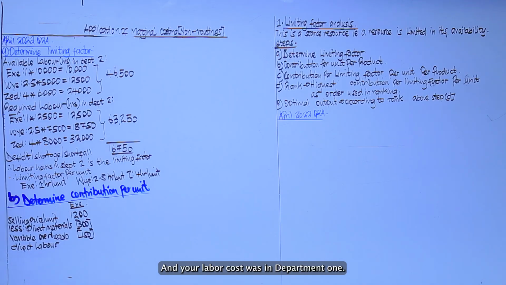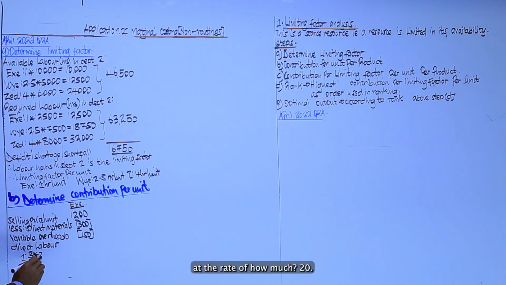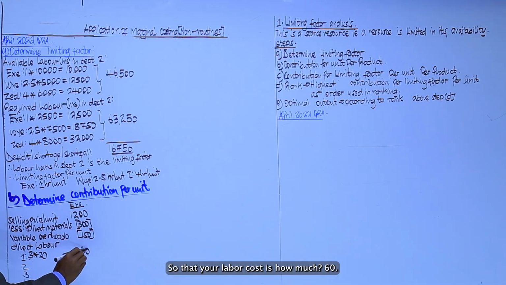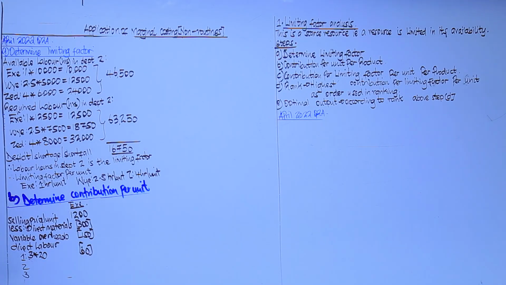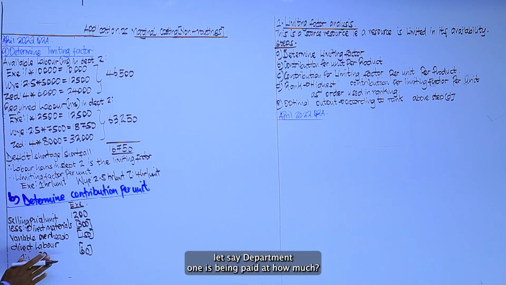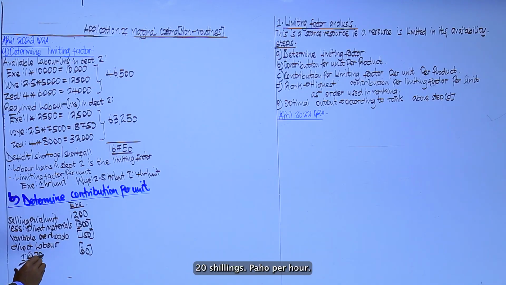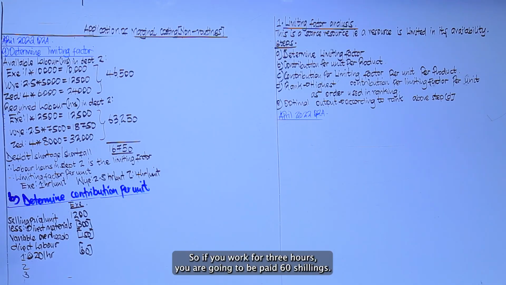Your labor cost was in department 1, department 2, and department 3. Department 1, you are using 3 hours at a rate of 20 shillings per hour. So if you work for 3 hours, you're going to be paid 60 shillings.